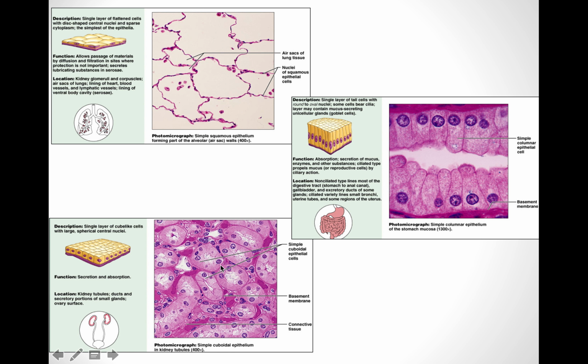So this is four simple cuboidal cells that have come together to form these circular structures. Now let me note that even though you won't see the separating line for these cells, what you can notice is that these cells have a relatively small amount of cytoplasm surrounding them. Therefore, we can identify them as simple cuboidal.